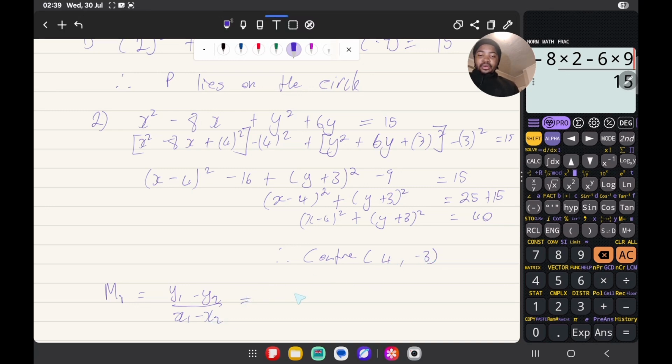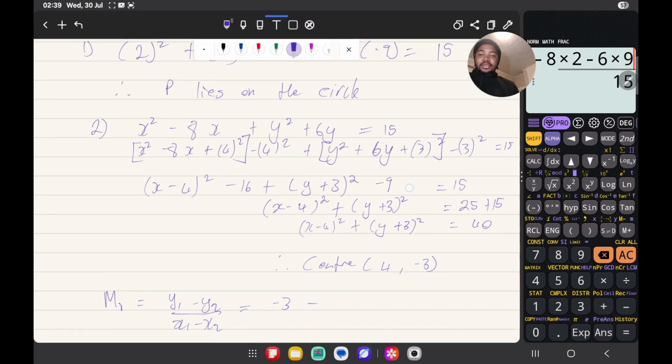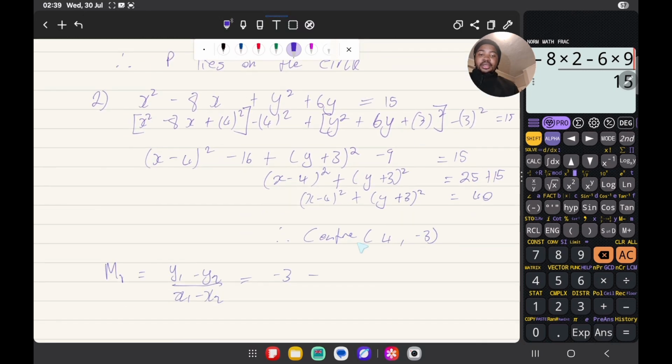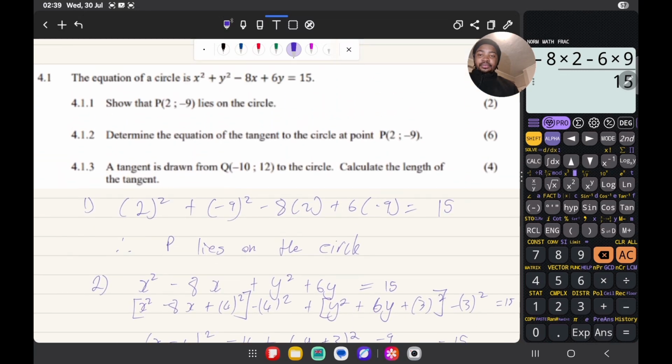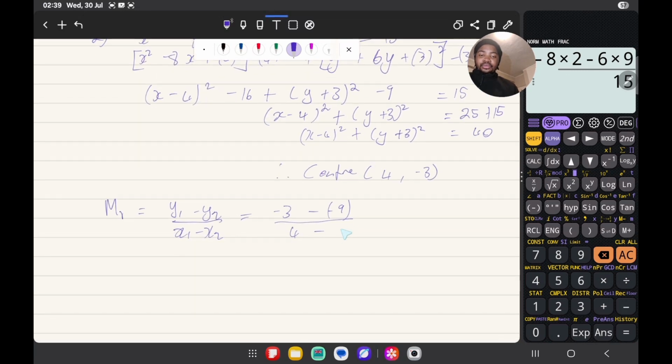Therefore you have minus 3 minus minus 9 over 4 minus 2, which is 6 over 2, which is 3.